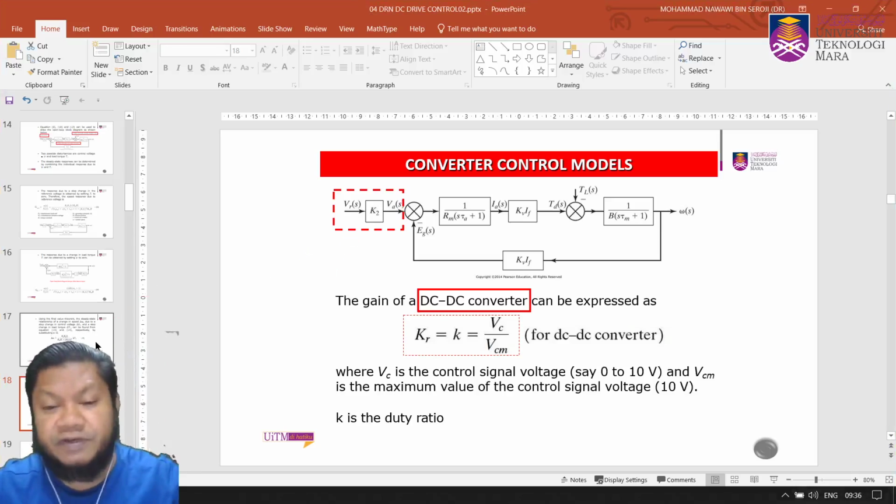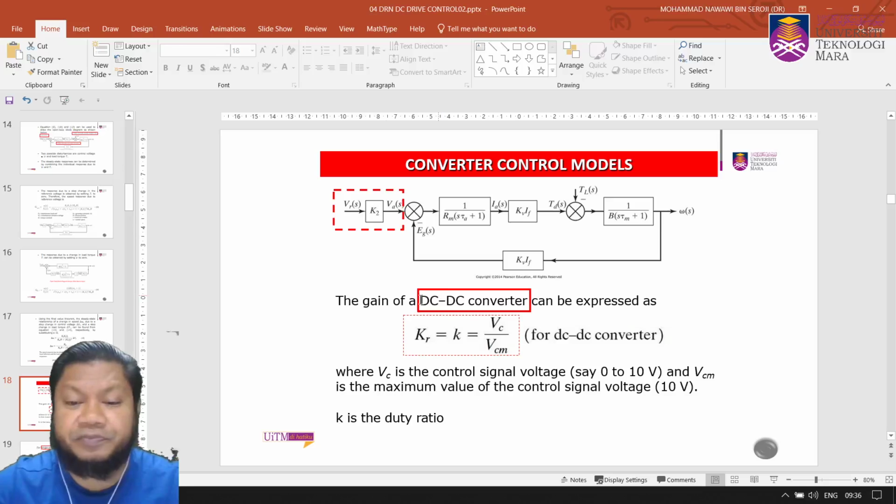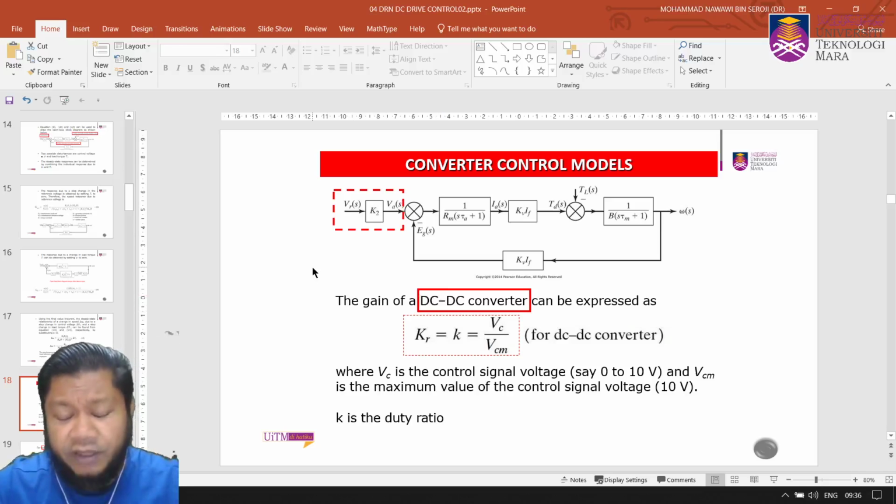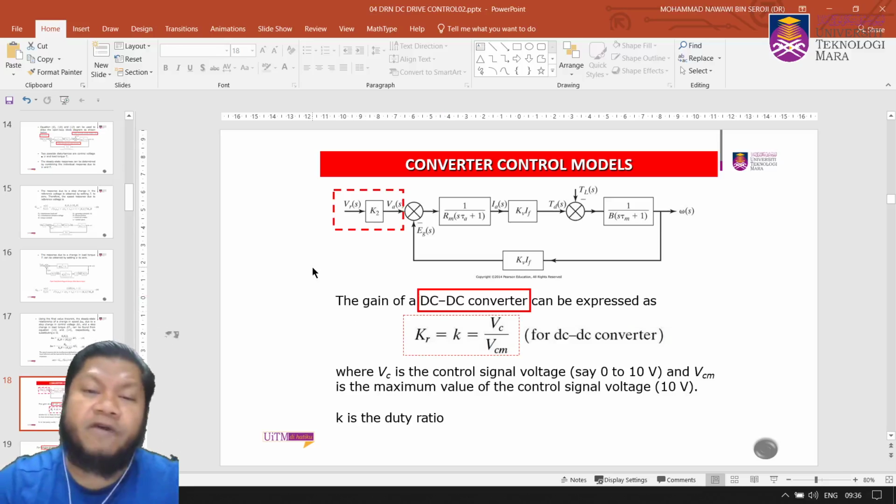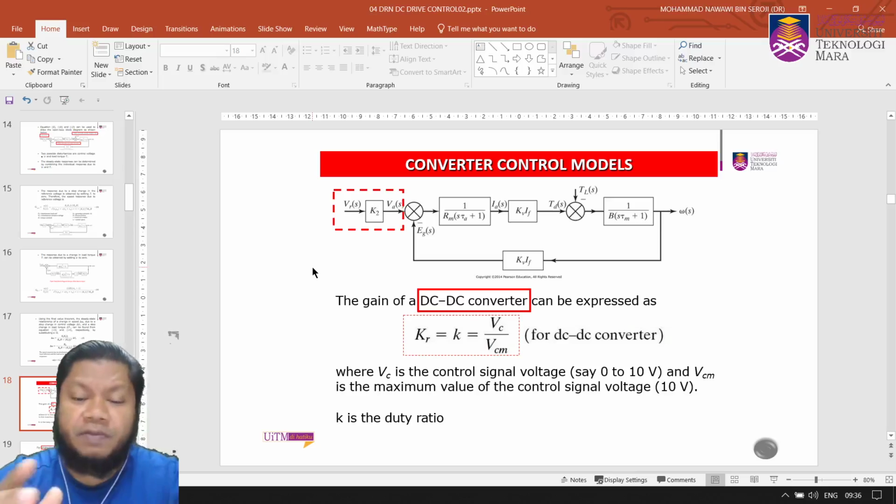Okay, so the first type is the DC-DC converter. Now you have to think of what is the control parameter of the converter. For the DC-DC converter, what is the control variable? It's the duty ratio, isn't it?